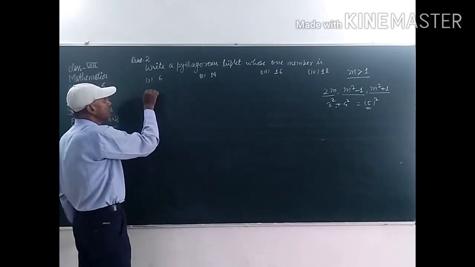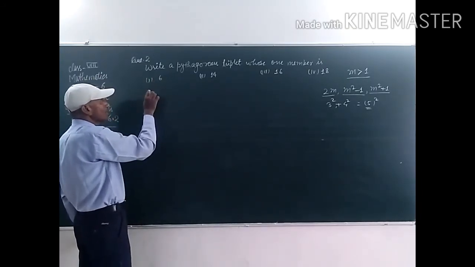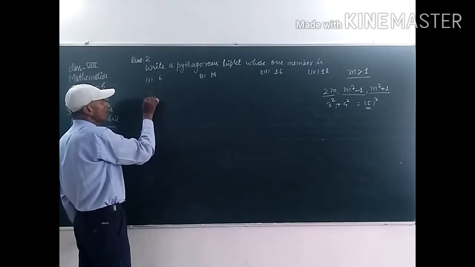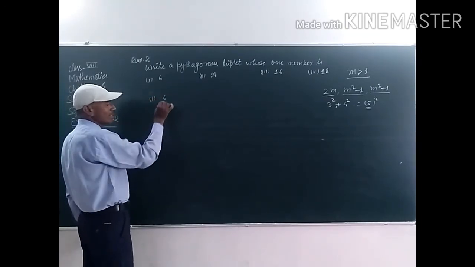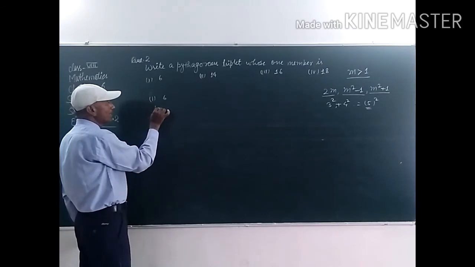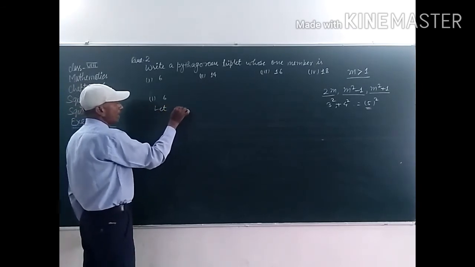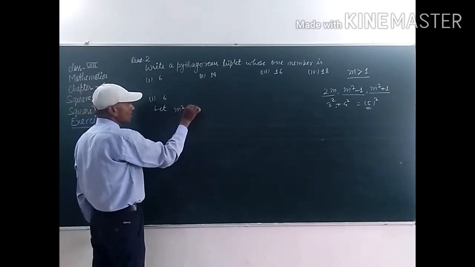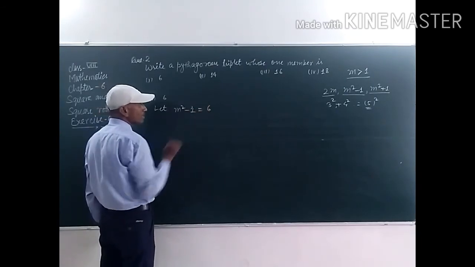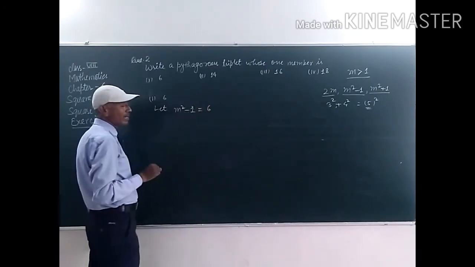So in the first part of the solution, one member is given, that is 6. So let m square minus 1 is equal to 6. Clear, student?